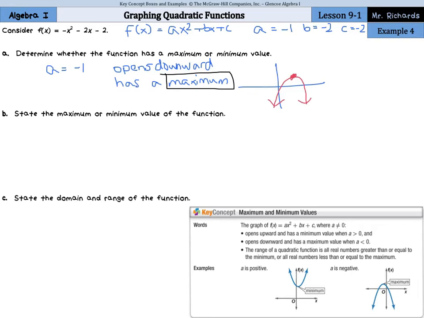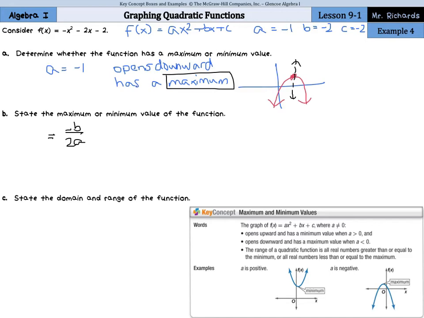Then state the maximum or minimum value of the function. Well, if we remember that the axis of symmetry goes through the vertex, we can use that formula of negative b over 2a to find where that axis of symmetry is.